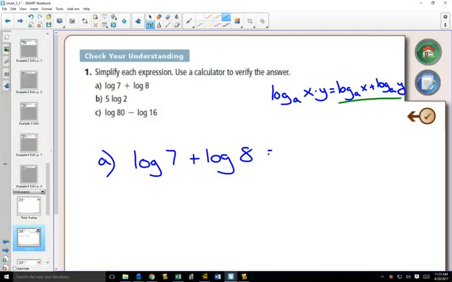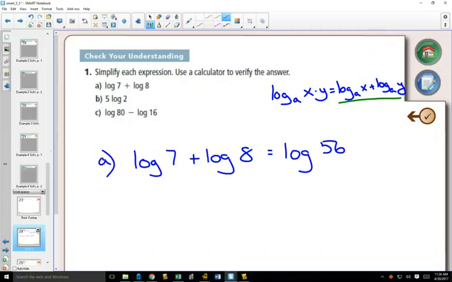So this is going to equal log of base 10, 7 times 8, or log of 56. As far as mental math goes, you can't do log of 7, you can't do log of 8, and you can't do log of 56. So this really wasn't that helpful at this point.